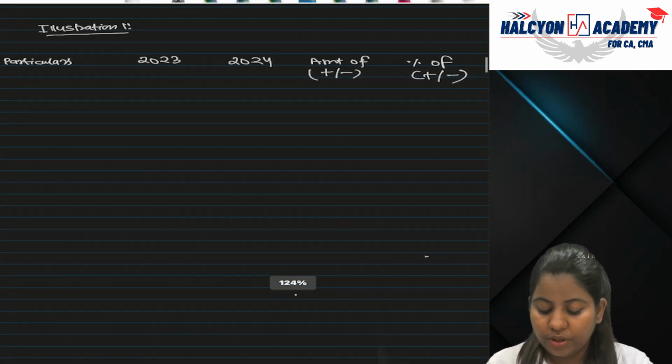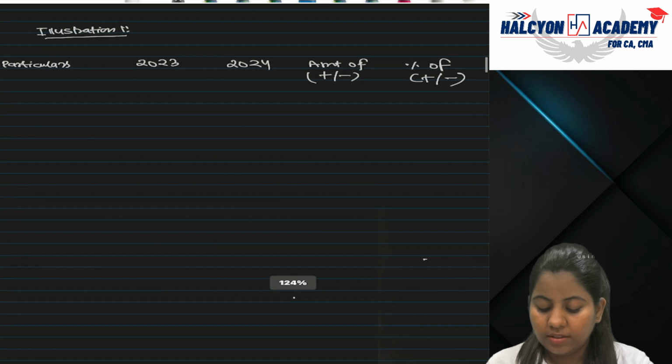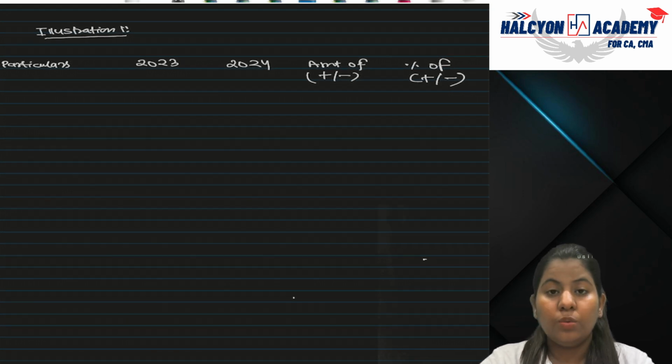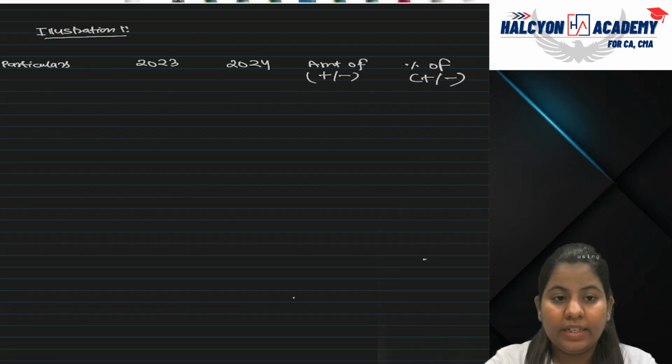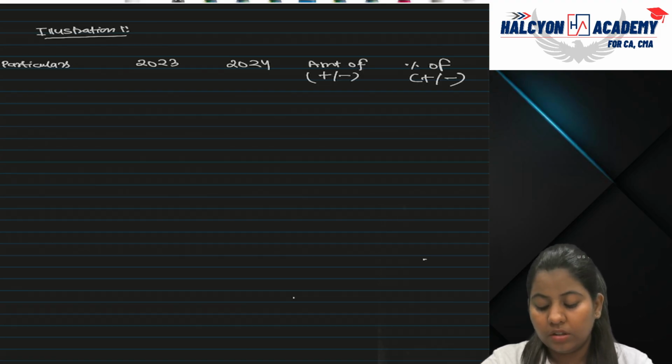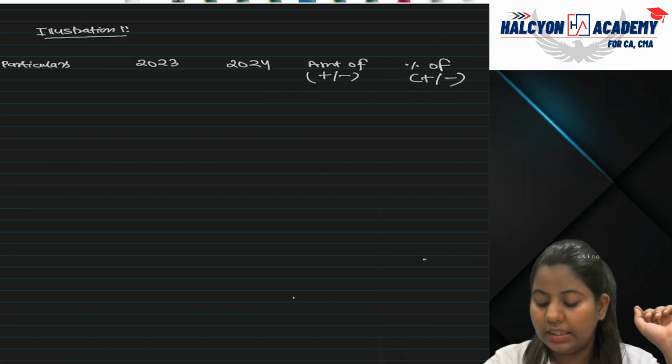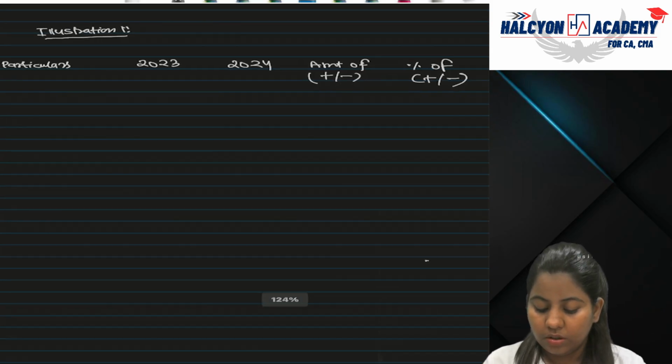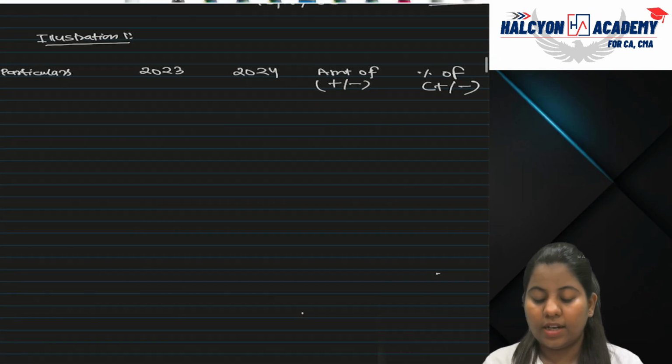In the first you write particulars. In the second column put the data of 2023, in the third column the data of 2024. The fourth column is amount of change, and the last column is percentage of increase or decrease. Okay, so let's start this.